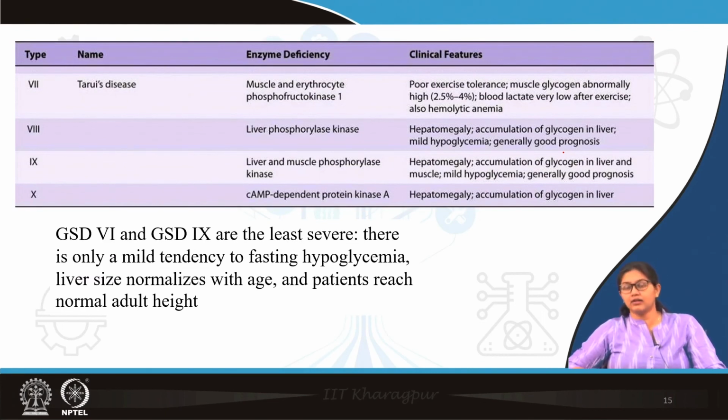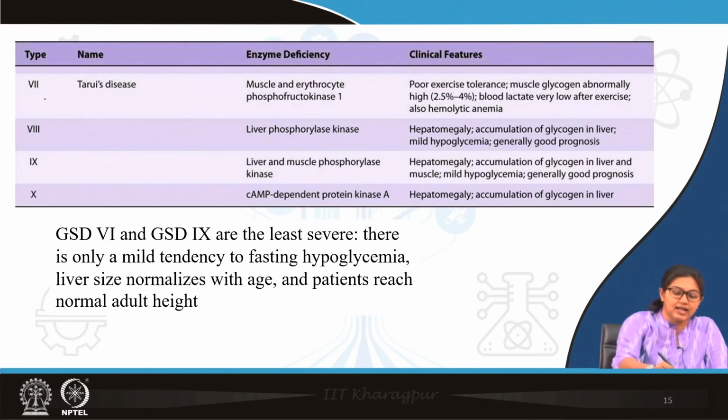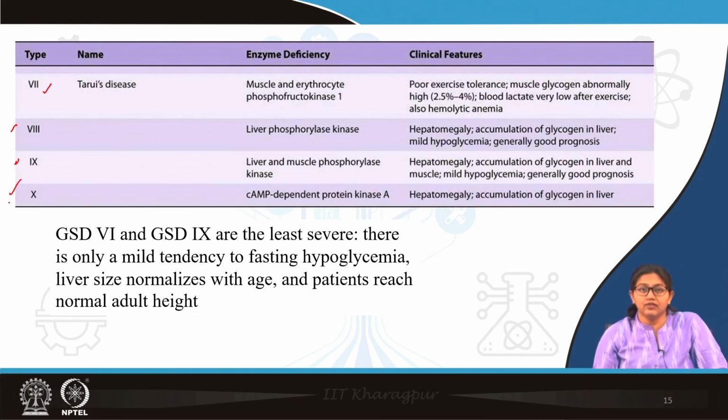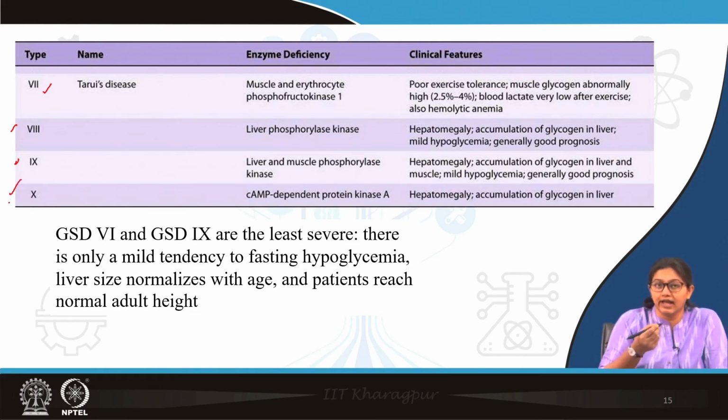Next, the other glycogen storage disorders like type 7, 8, 9, 10. If you remember the enzymes, that is enough. In type 7, muscle and RBC phosphofructokinase is affected. Then in type 8, liver phosphorylase kinase is affected.